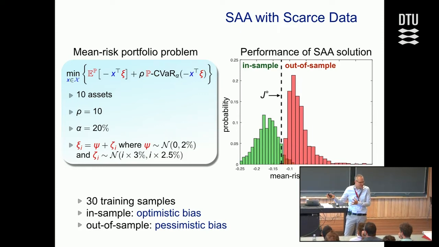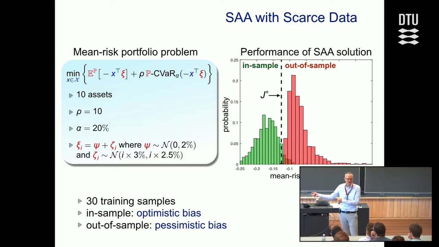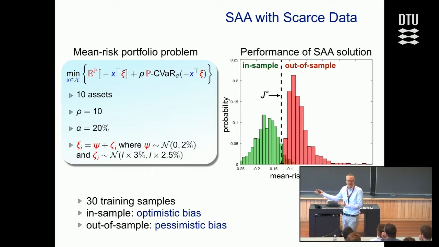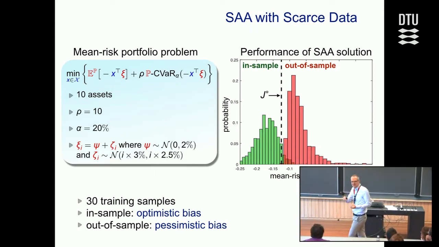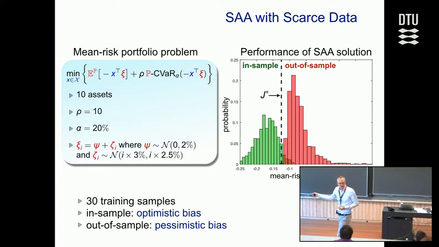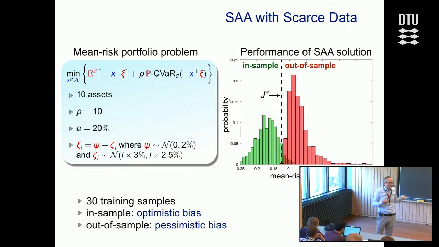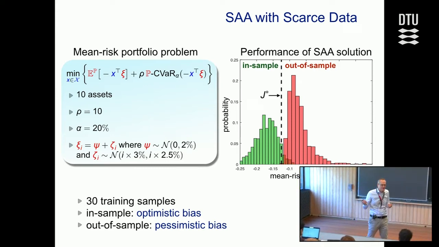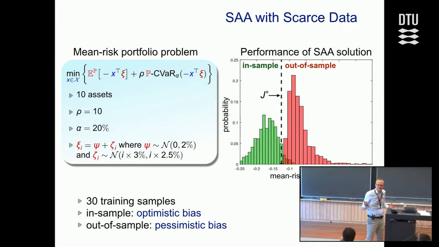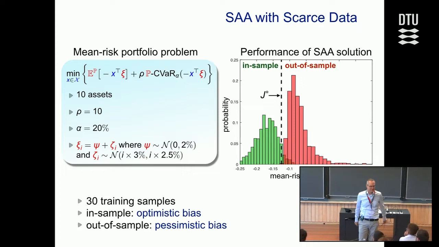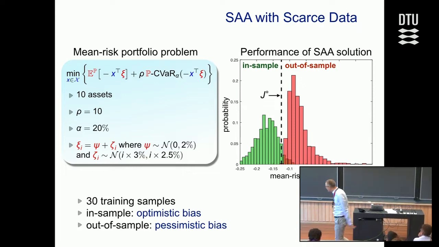So the optimization problem faces a situation that a true investor would face in reality. It only sees samples that I generate from the distribution. Okay? The reason why I make up a distribution is because in the experiment I would like to generate lots of samples, and I can only do that if I know the true distribution. But I'm not going to tell it to the optimization problem. Okay? So it's fair.